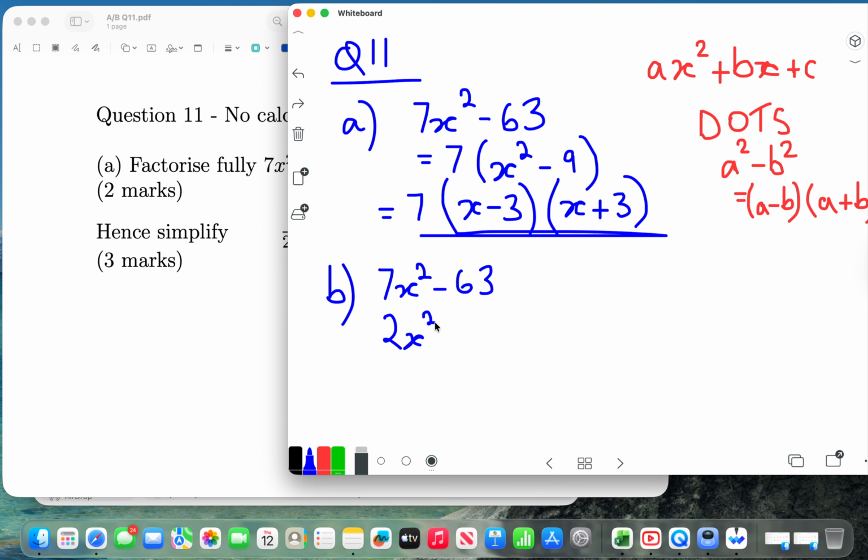Plus 3x minus 9. You want to use the factorisation on the numerator, and we use the one we found in the last section.